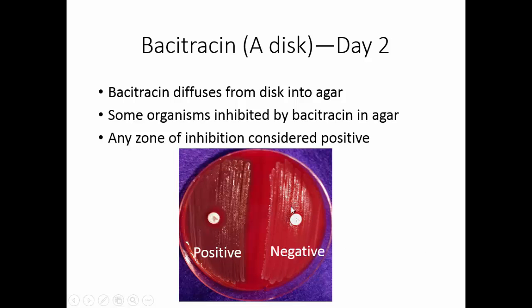On this side, we have a negative test. The organism grows right up to the disc. Here we have a small zone of inhibition. You do not have to measure this one. Just seeing any inhibition is considered a positive test. Once again, this test is reported positive or negative rather than susceptible or resistant.